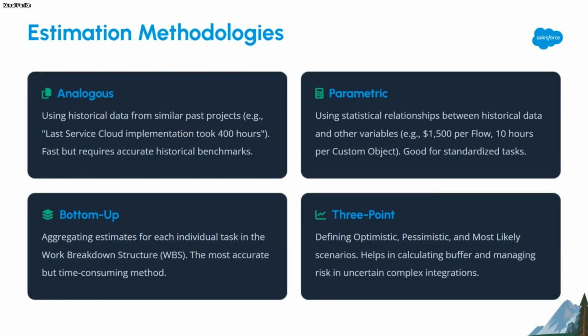This is more of where you use historical data as well, but at the same time, you use metrics, so you put a calculation to it. You don't use a direct mapping of the project, but you use sub parts of the project.